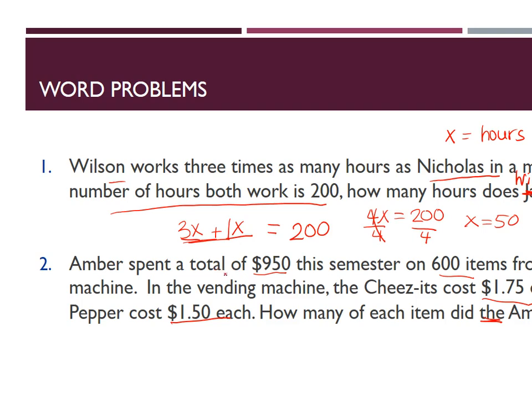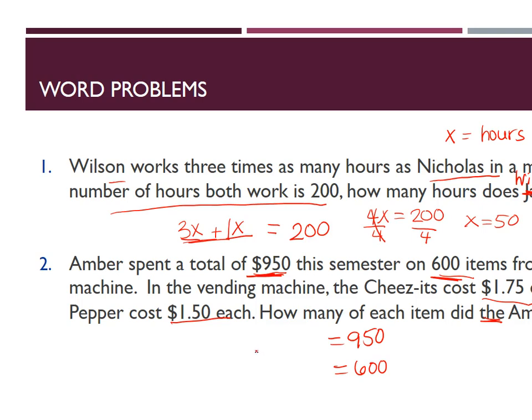this one would actually require 2 equations. And I know that because there are 2 totals. There's a total of $950, and then there's a total of 600 items. All right, so the $950 is made up of how much I spent total, right?